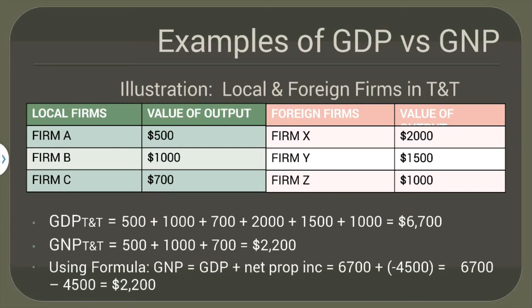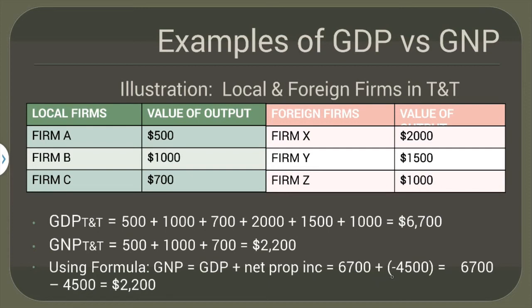And when we add money coming in from abroad, that will be adding 0. So negative 4,500 plus 0, because we have no information about money coming from abroad, gives us a total again of negative 4,500. So using the formula, GNP equals GDP plus net property income from abroad, that is 6,700, which is GDP, plus net property income from abroad, which is negative 4,500, giving us 6,700 minus 4,500.